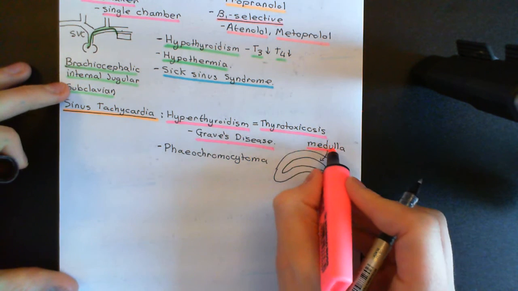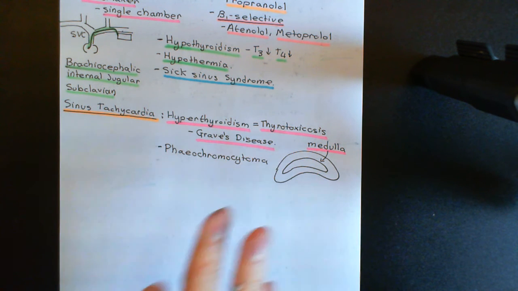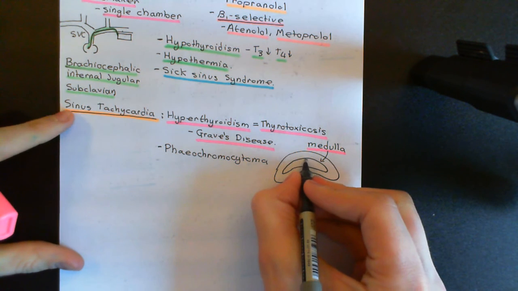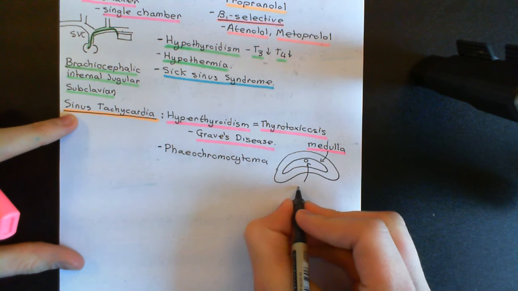The adrenal cortex produces all of the corticosteroids, so aldosterone, cortisol, other sex hormones, etc. The medulla is the portion that produces adrenaline. Okay, so it contains special cells that can produce adrenaline and will secrete it into the bloodstream.